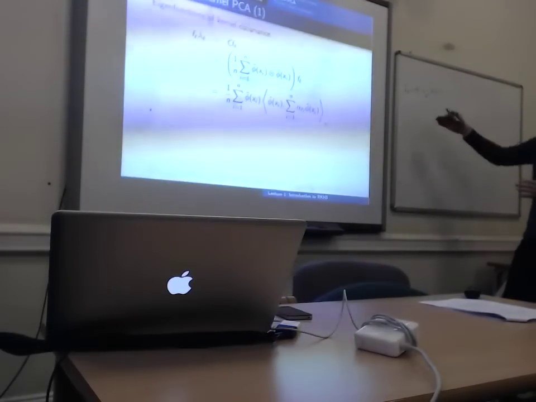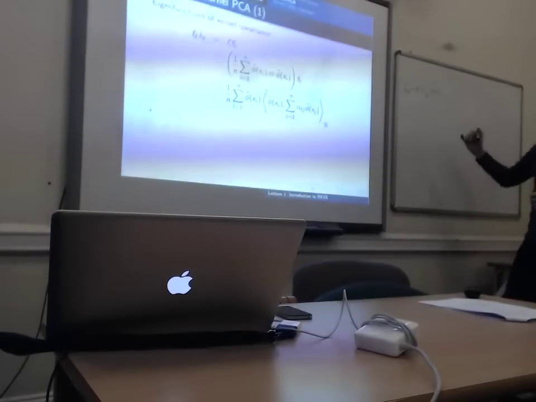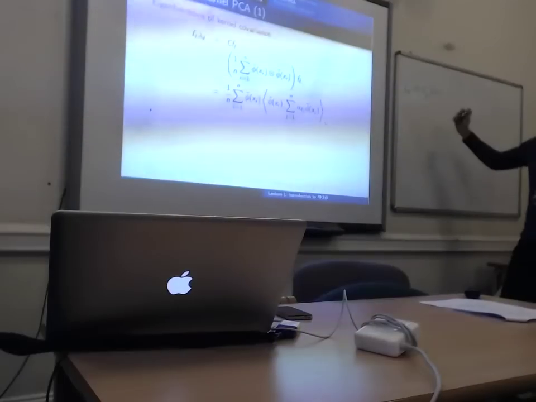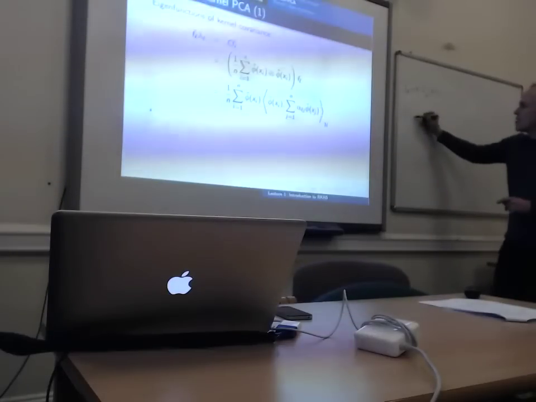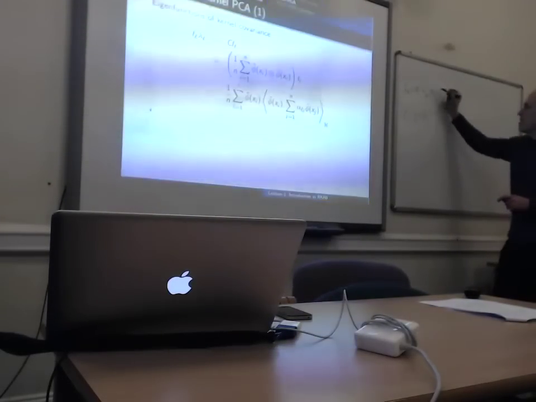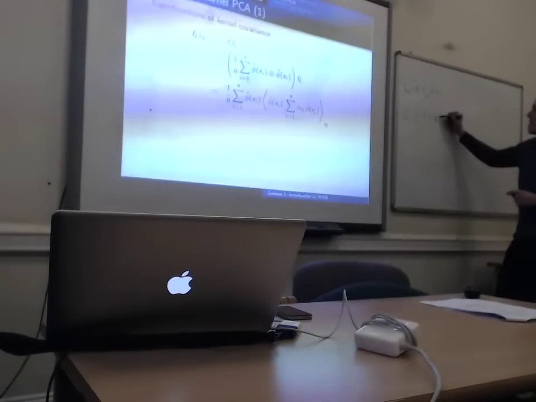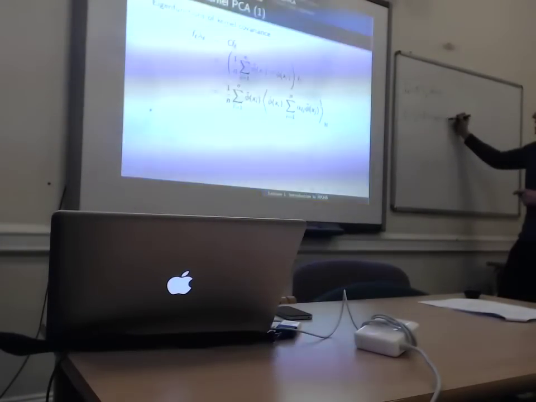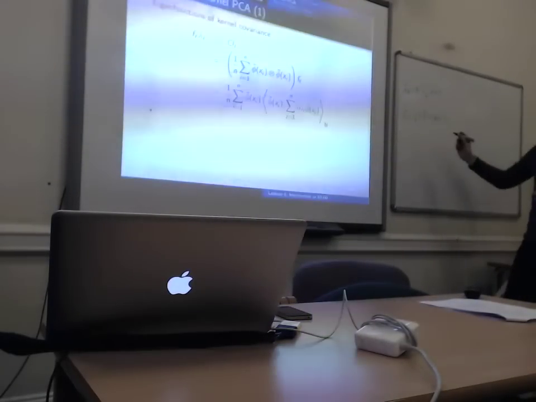Because if it won't, then that component would vanish when I project it, okay? So if this is true, then what I want to do is to apply this operator C, which is 1 on n sum over i, phi tilde xi cross phi tilde xi. I forgot my tilde. So I want to apply this to f, okay?